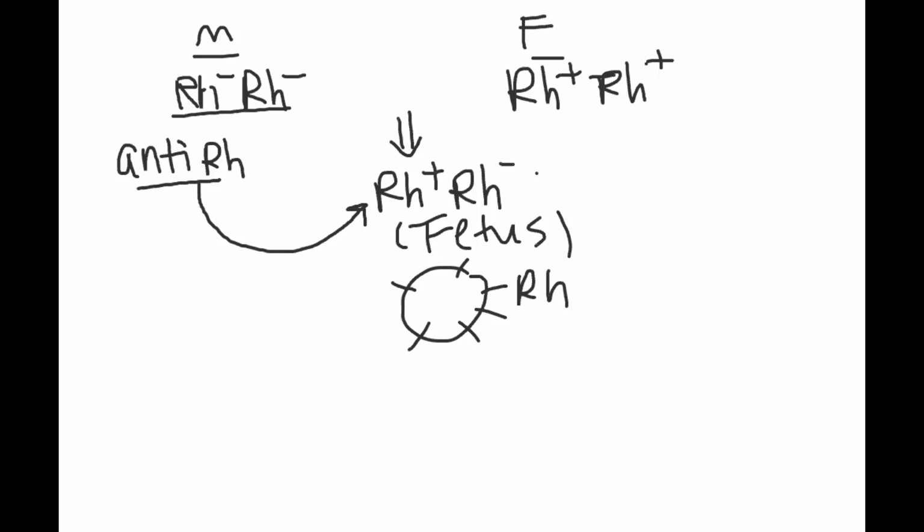At the same time, the huge doses of these artificial antibodies will inhibit the mother from producing her own anti-Rh antibodies, because your immune system senses that you have enough antibodies, so you don't produce any more. This way it blocks the anti-Rh antibodies from reaching the fetal side. That is what's called the Rogan shots.